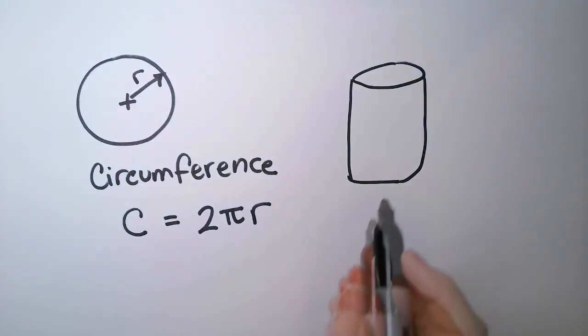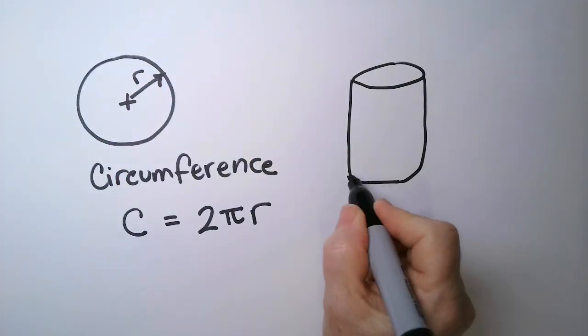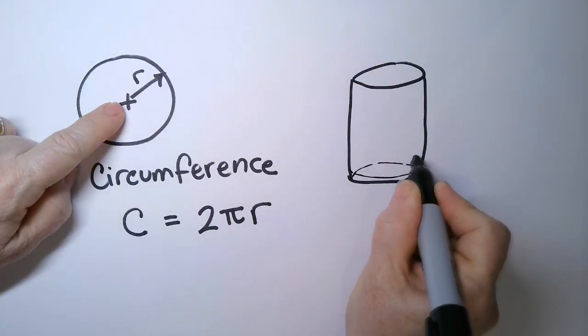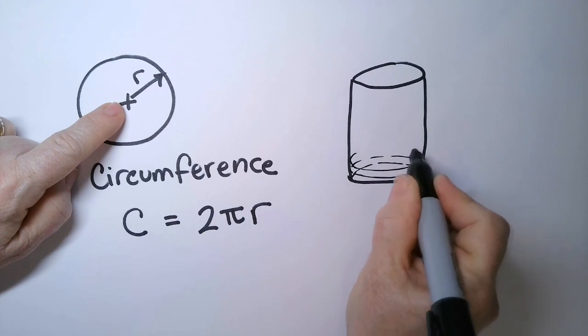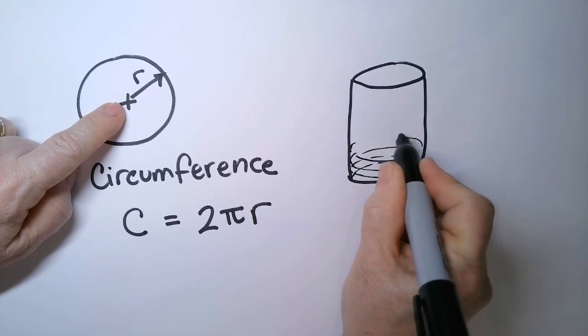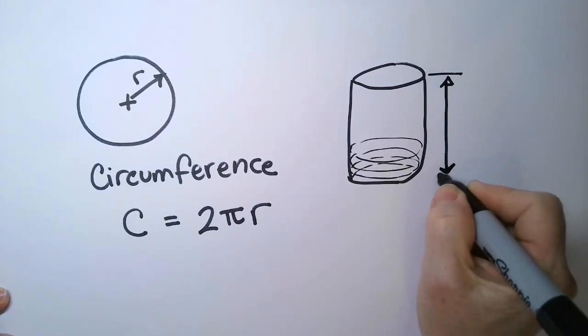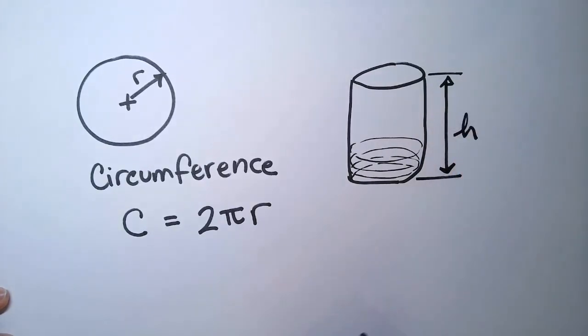Now imagine you have one of those circles here, and then you put another pancake right on top, and another pancake right on top, and another pancake right on top, and you stack them up to a certain height, h.